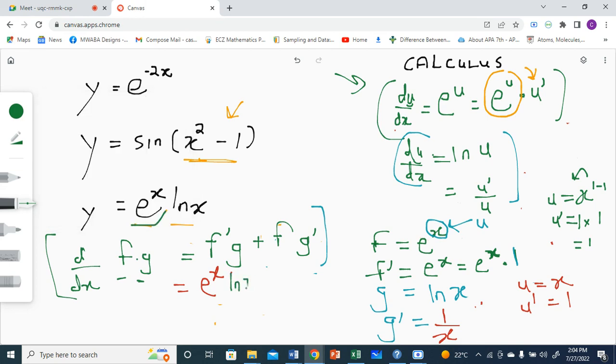We've derived f. We haven't derived g, we've just left g as it is. Plus f. Here we're not deriving f. f is e to the power x. Then g prime, we derived it, it's 1 over x.